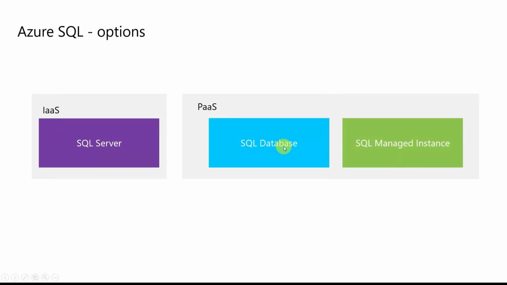Now, within PaaS, there are two options. One is SQL database, the other one is SQL managed instance. So initially, at least 5 years back, Microsoft had only one option called SQL database. This is for SQL Server. Now, Microsoft's intention of releasing this initially, I don't know the exact year, was that they wanted this to be very simple, and they wanted this to be used only by new projects.